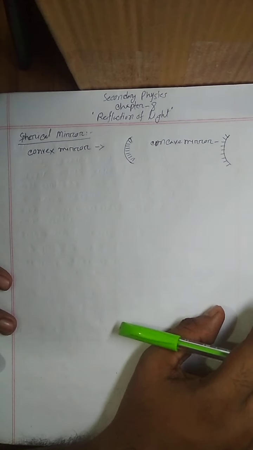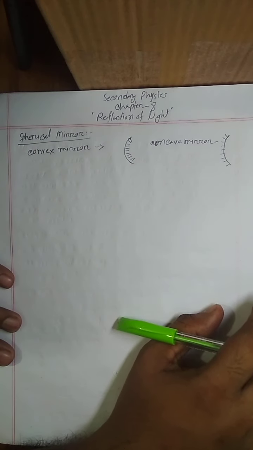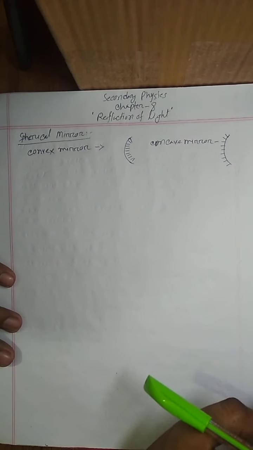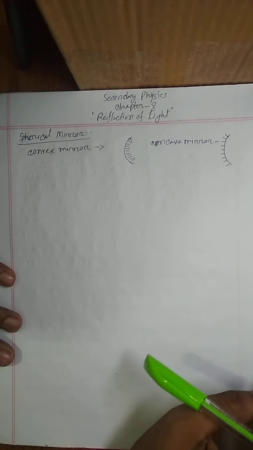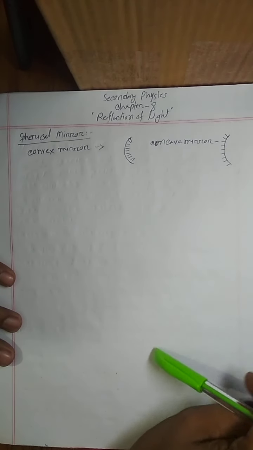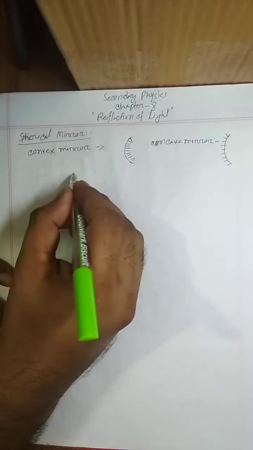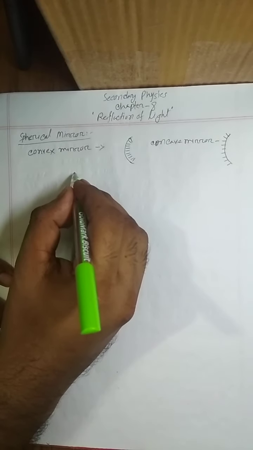An actual convex mirror is a part of a real sphere. Let the radius of the sphere be r. The part that is made to provide reflection is the convex side. So I have to draw.